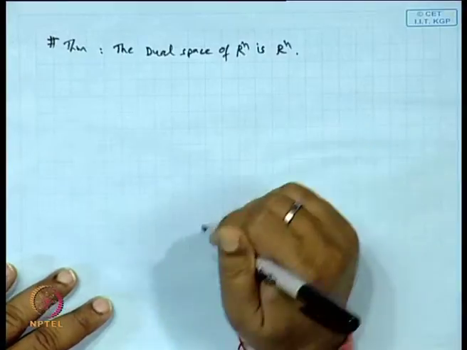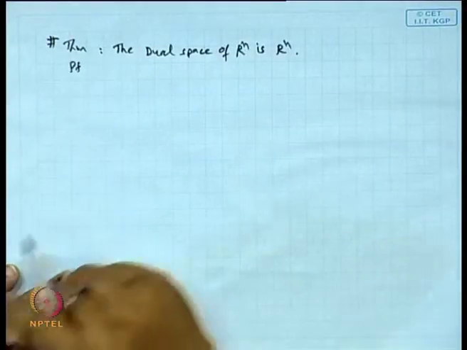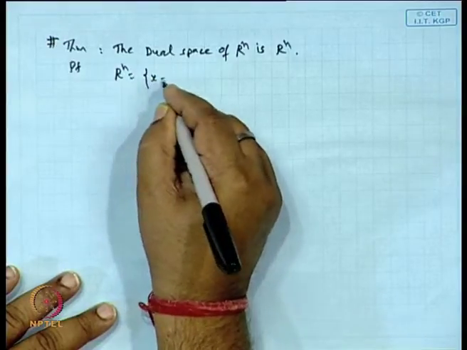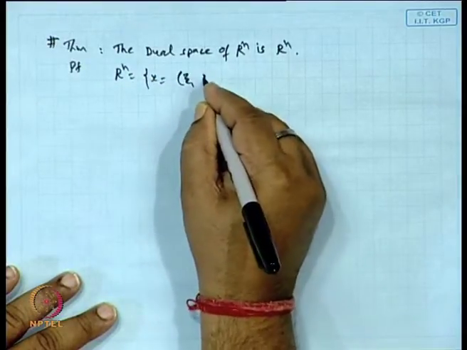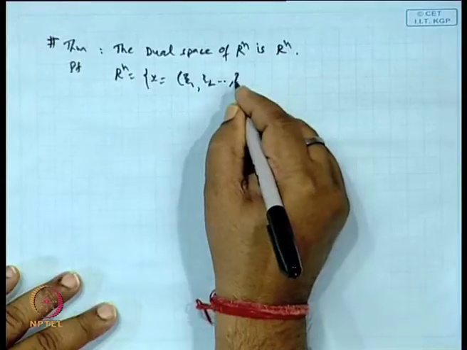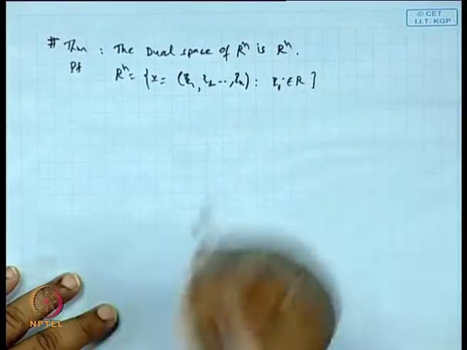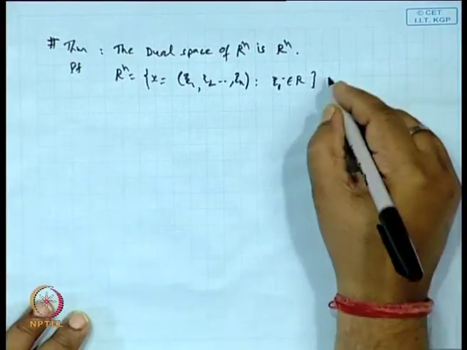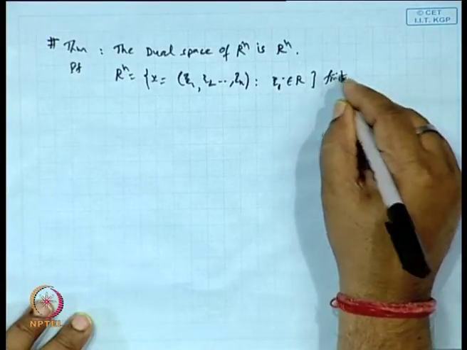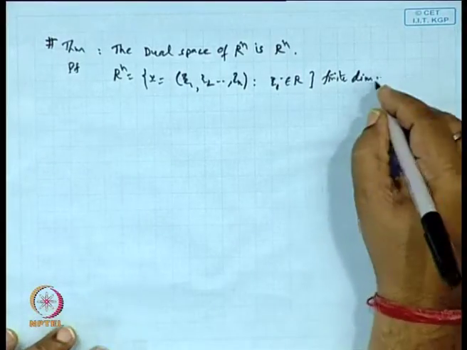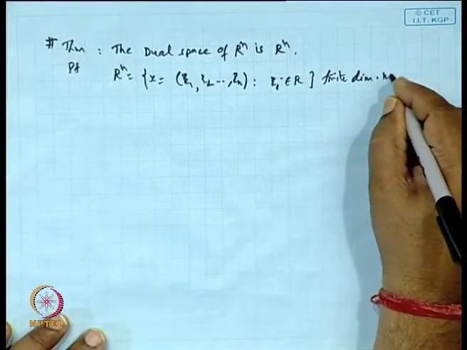Now, what is Rn? Rn is the set of those points x which are n-tuples of real numbers. So, this is a finite dimensional norm space, or vector space.